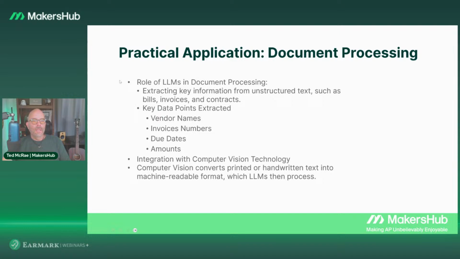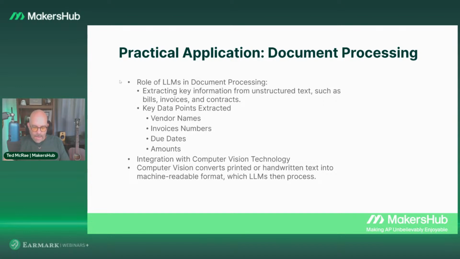So let's take a look at the practical application of document processing, and we're actually going to go in and do this a little bit. I'm going to just use ChatGPT because that's the easiest one to get into. The role of large language models in document processing is extracting key information from unstructured data.